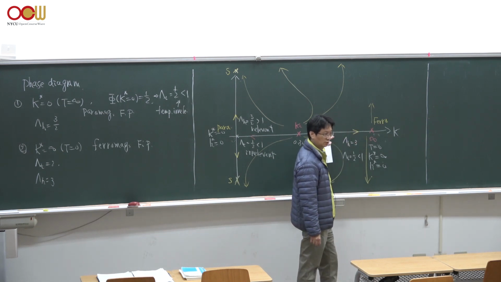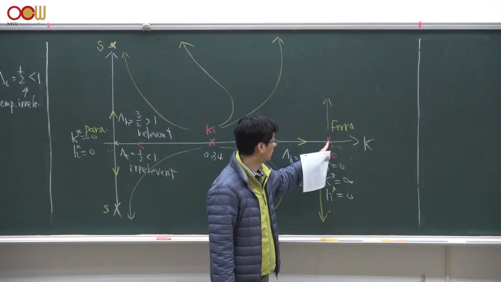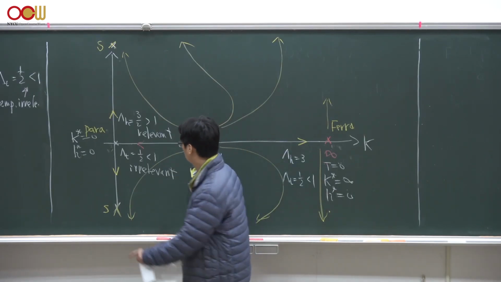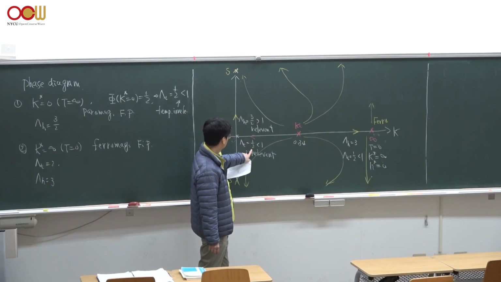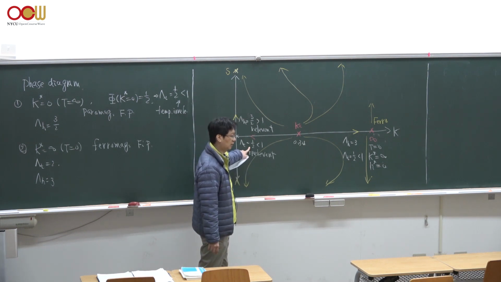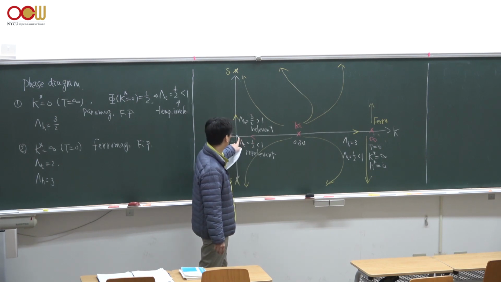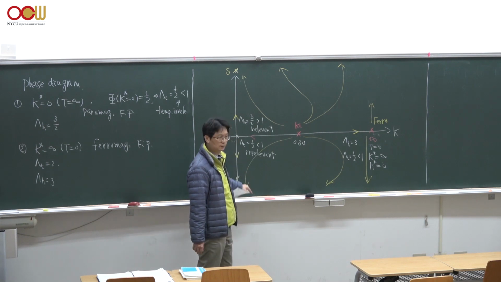So all the flows become irrelevant, meaning they're flowing towards the fixed point. Likewise, for the paramagnetic fixed point, the eigenvalue is again 1/2, which is less than 1, and therefore as we keep renormalizing this model, the coupling constant becomes closer and closer to that fixed point value. So that's called the irrelevant direction.